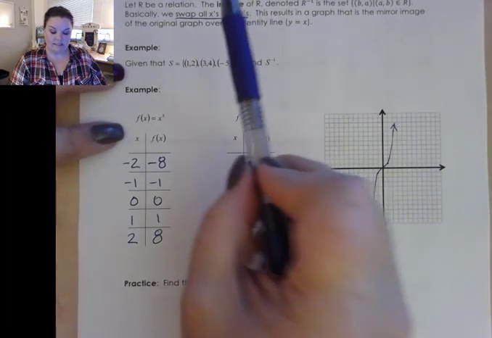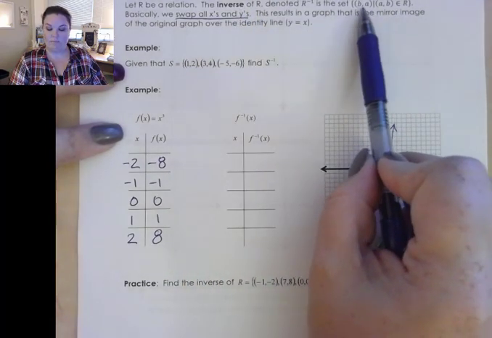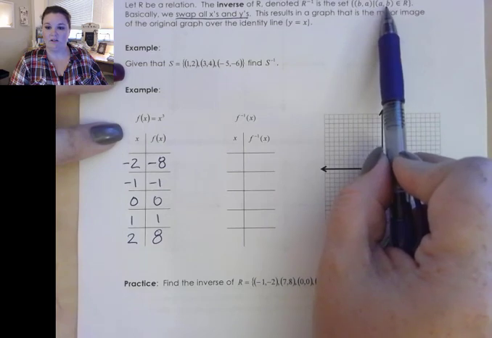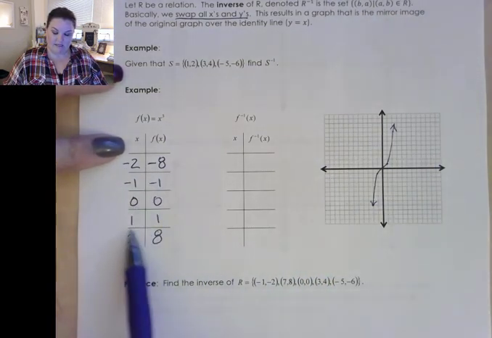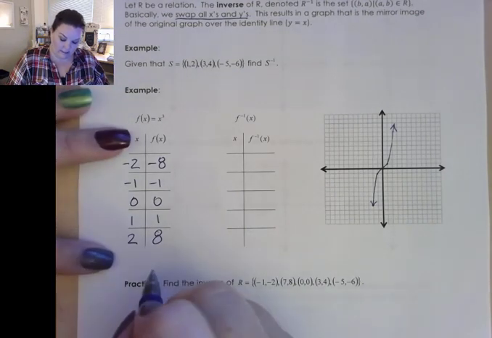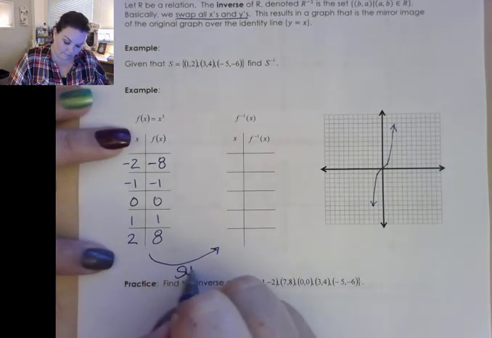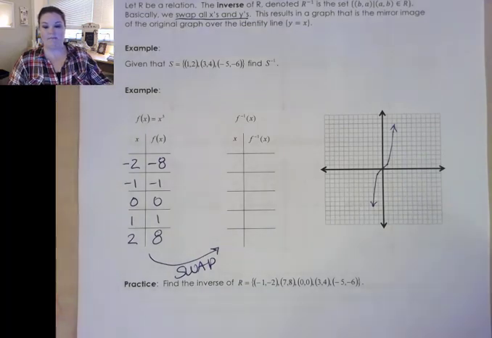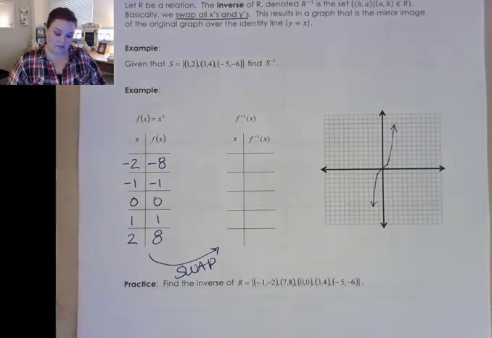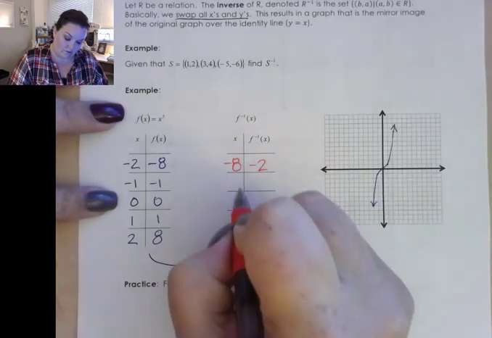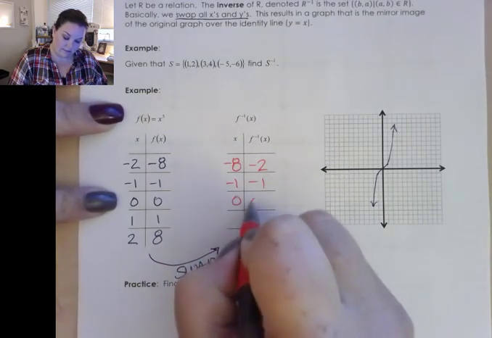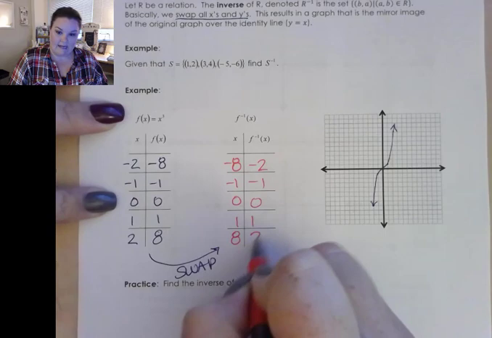Well, our inverse is defined to be all the ordered pairs of our original relation, but swapped, right? So if I take all of these original points and I swap them, that should give me my inverse function, okay? So I'm going to go ahead and swap them. That's going to give me (-8, -2), (-1, -1), (0, 0), (1, 1), and (8, 2).